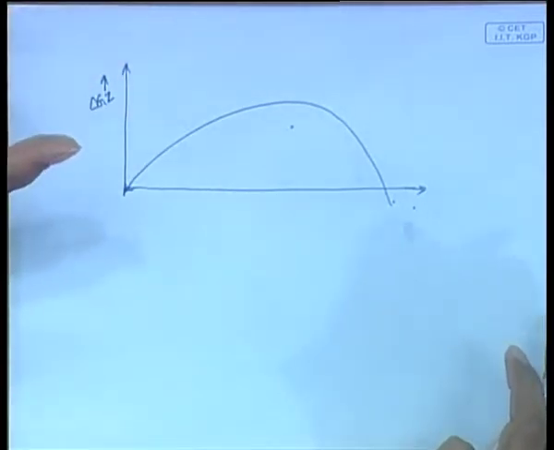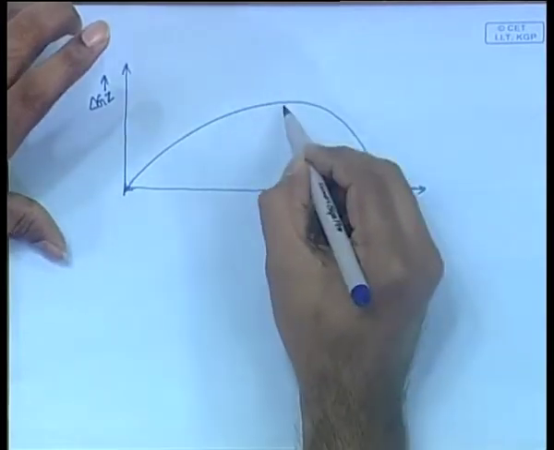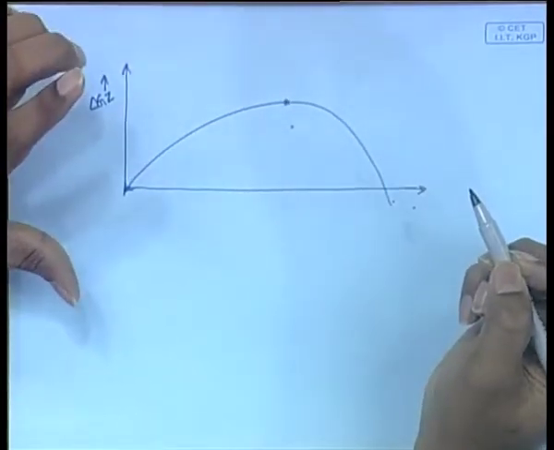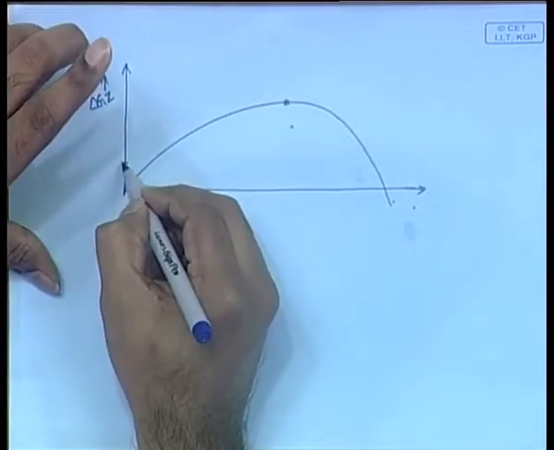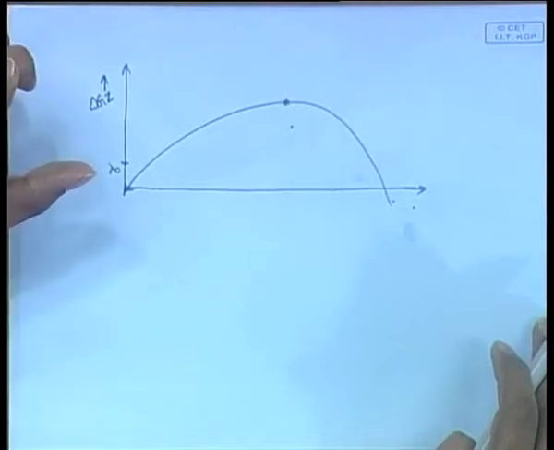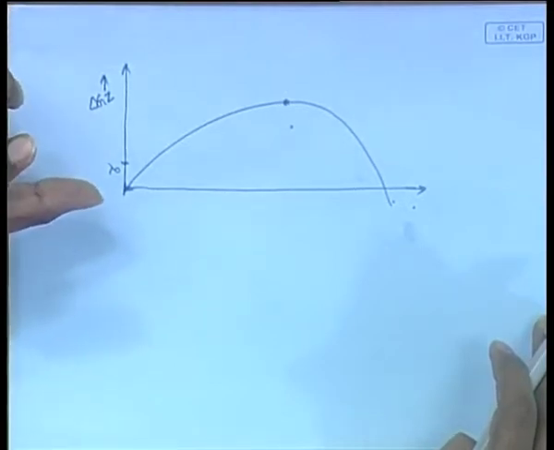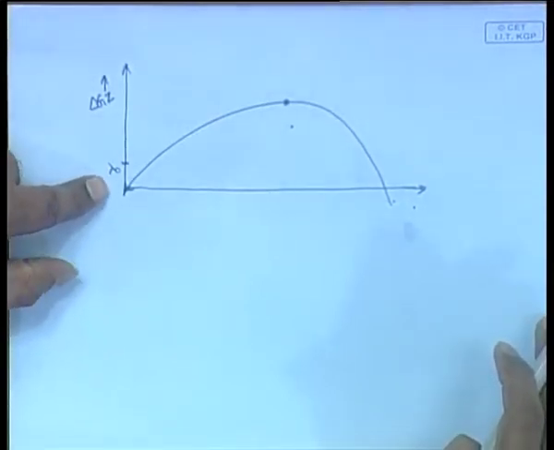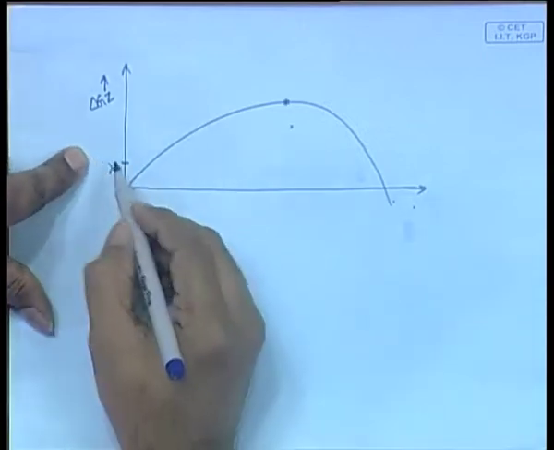So, delta GZ, that is the righting moment curve. Now, in this righting moment curve, let us draw the heeling moment first. This is lambda 0. We have already said lambda 0, which is a product of the wind force into the distance hv plus t by 2, which is the distance between the two force centers, that is lambda 0. So, you mark lambda 0 here, you draw a straight line.